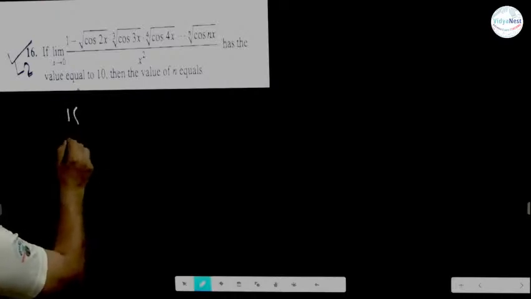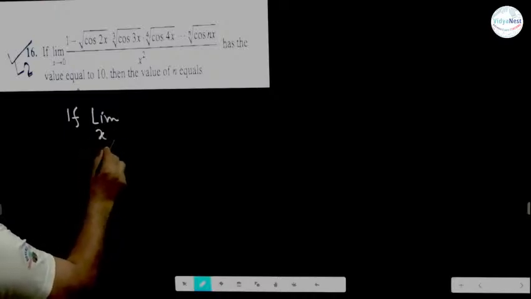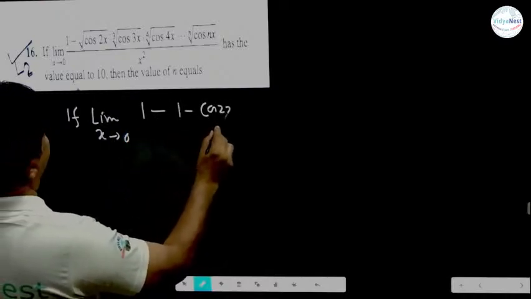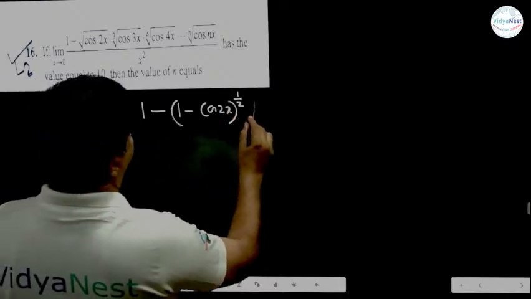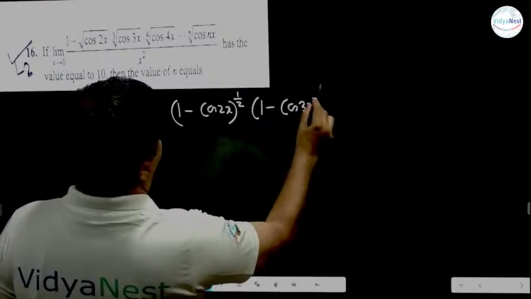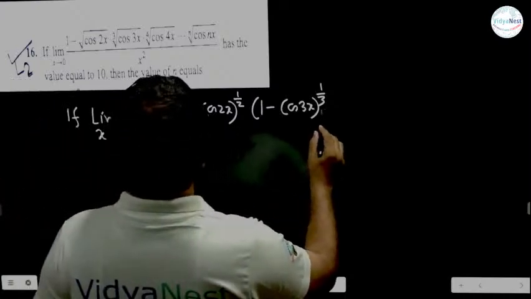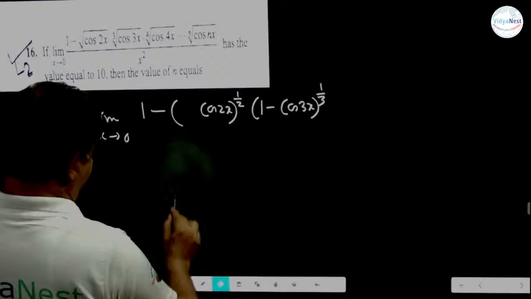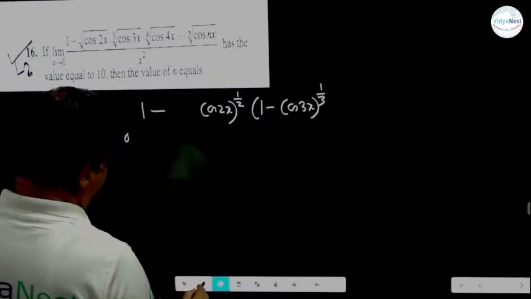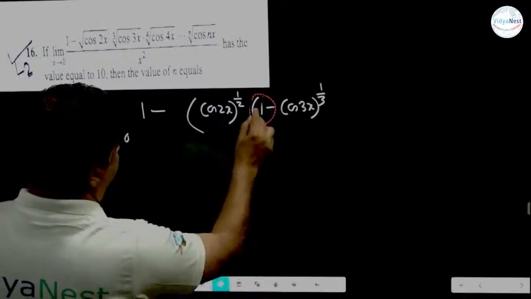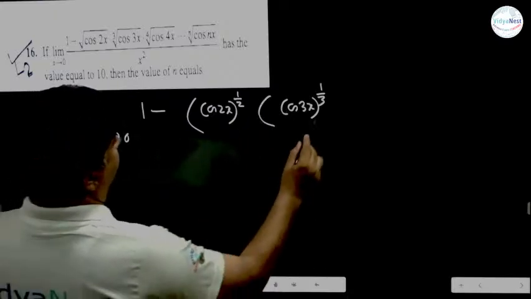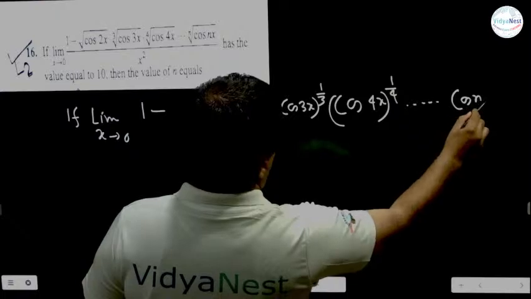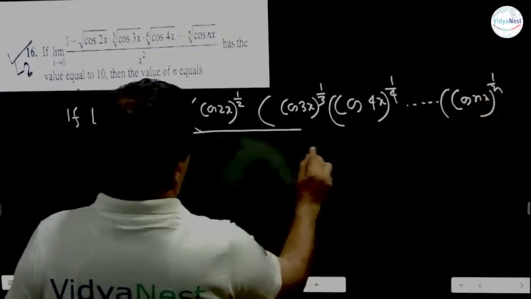See, limit x tends to 0, 1 minus cos 2x to the power half, cos 3x to the power 1/3, cos 4x to the power 1/4, cos nx to the power 1 by n, by x square.